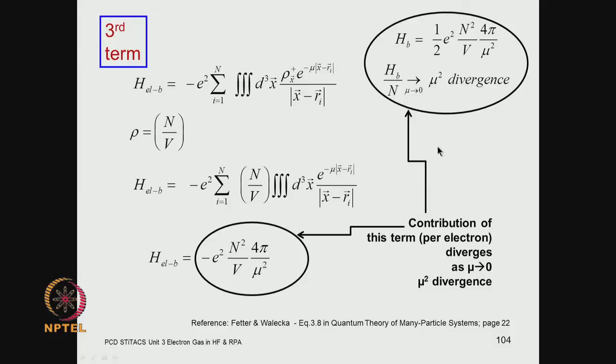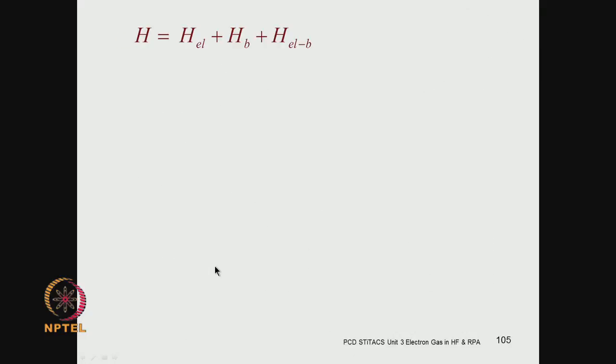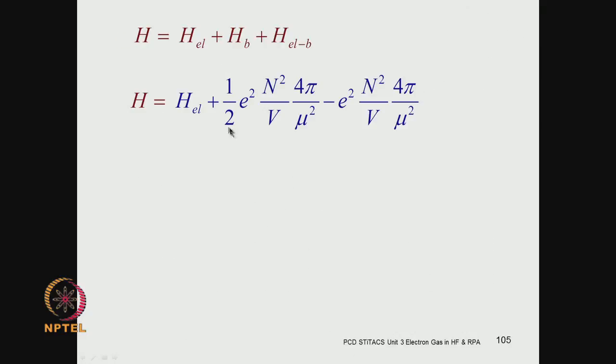So both the background Hamiltonian as well as the electron background interaction Hamiltonian have 1 over mu square divergence, both have the factor e square n square over V and 4 pi over mu square, but this is plus half and this one is minus 1. So you have to sum them up. Okay? So this has plus half, this has minus 1.